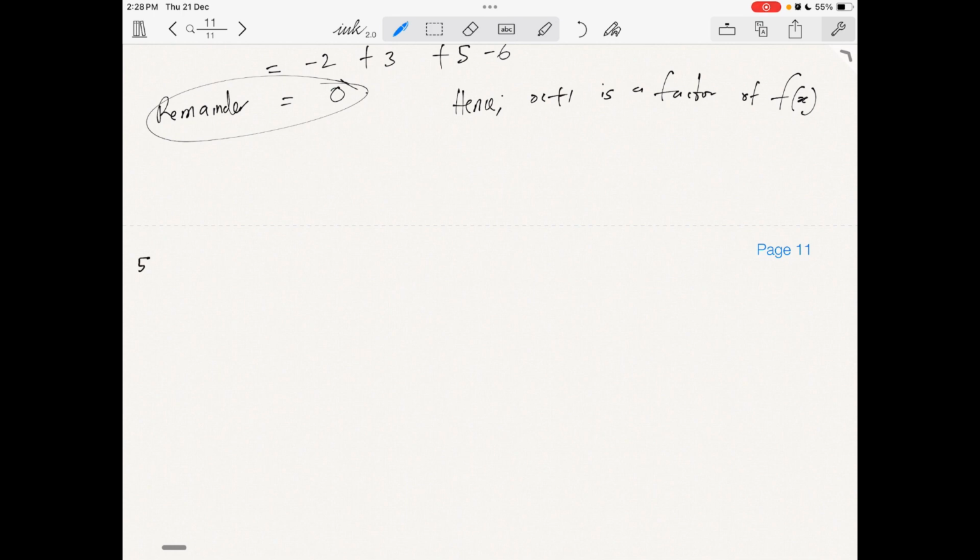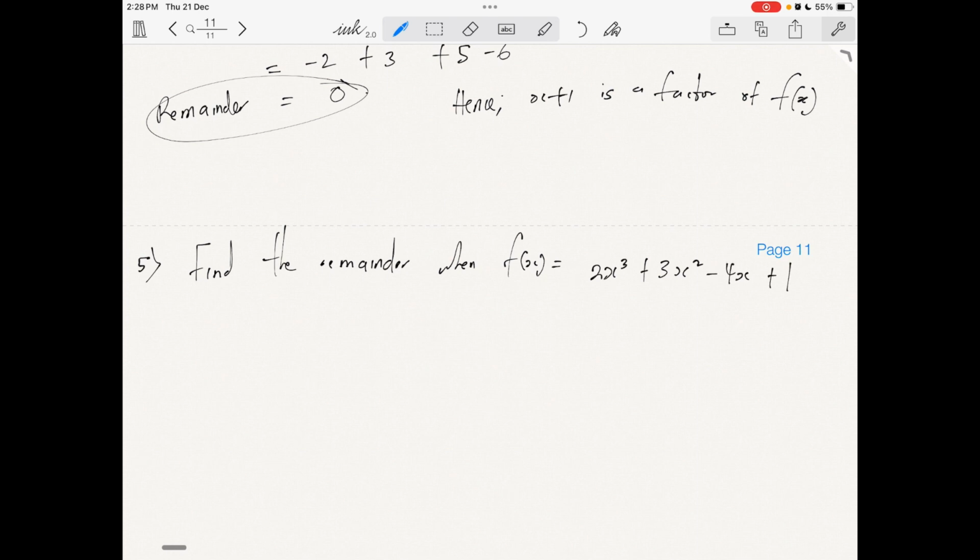Let's say 5. The question says find the remainder when f of x equals 2x cubed plus 3x squared minus 4x plus 1 is divided by 2x minus 1.